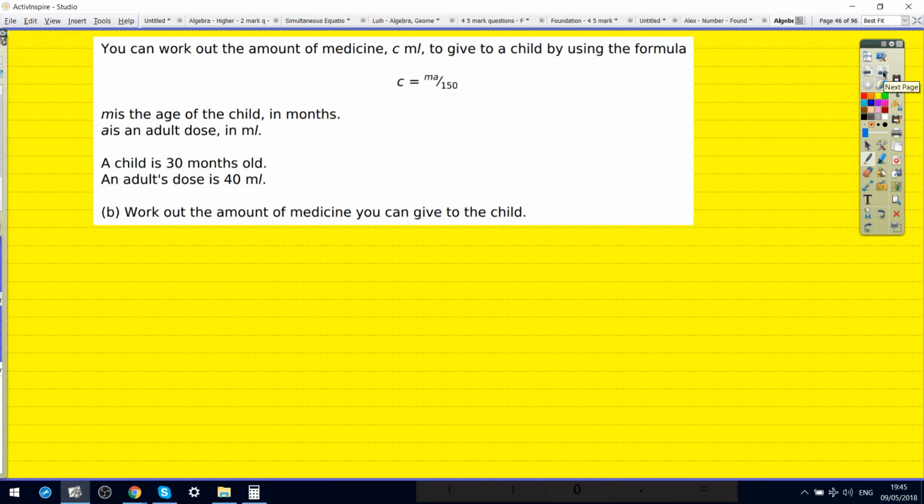Let's try this one. So, by using the formula, the medicine dose for a child is based on the age of the child in months and the adult male dose. The child is 30 months old, the adult dose is 40. Work out the medicine you can give the child.